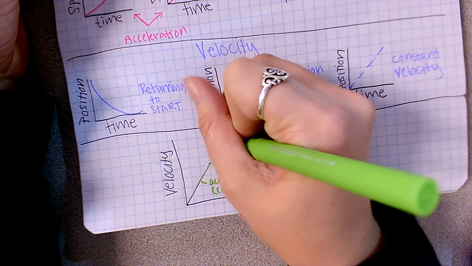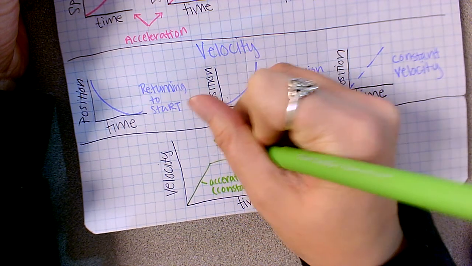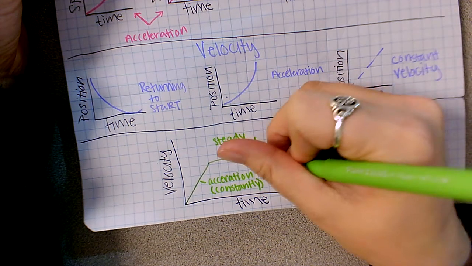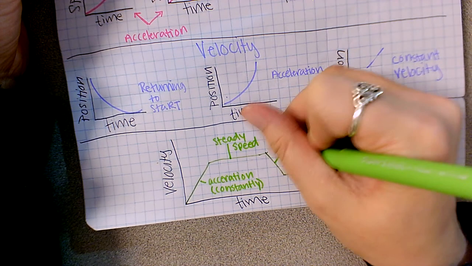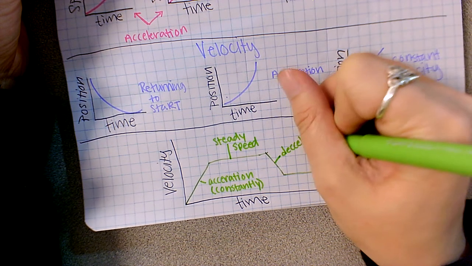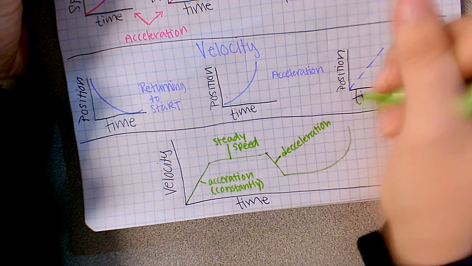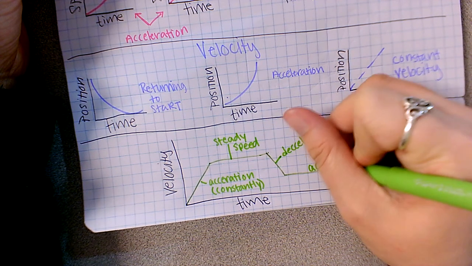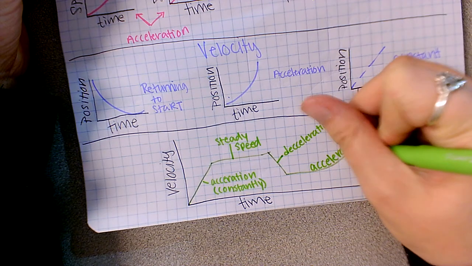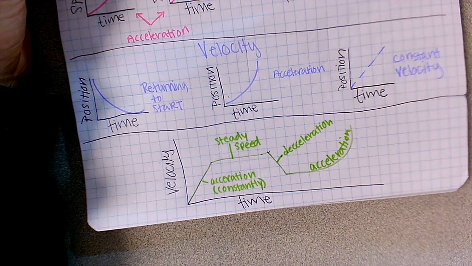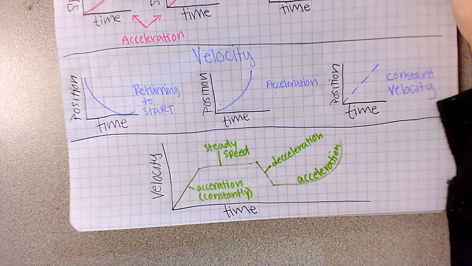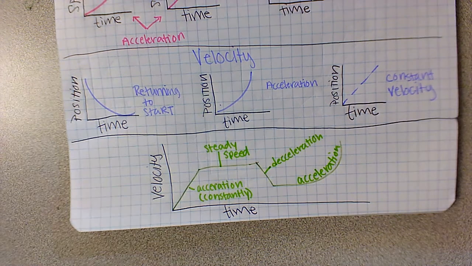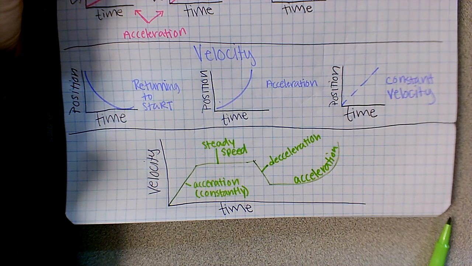But it is a steady speed. Our next one is deceleration. And this swoop is acceleration, but it's not at a constant speed, okay? This one is not a constant speed. Okay, so that is it for your graph notes, okay?